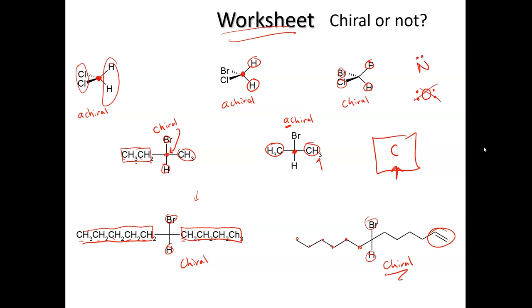Nitrogen has a lone pair, and typically it's attached to 3 things. If it could attach to a 4th thing, it is possible nitrogen could be a chiral center, but it's not very often. So mostly we're looking at carbon. So look for the carbon and identify if we have 4 different things attached to it, then that might be a chiral center.